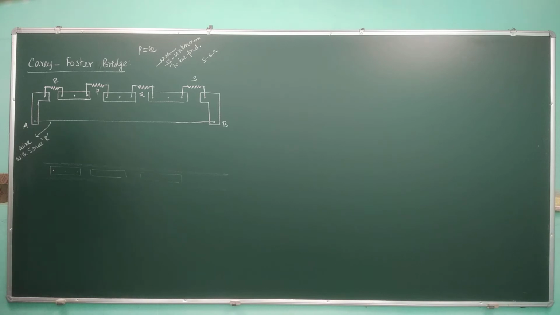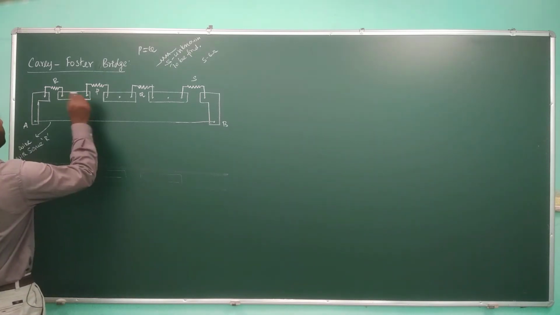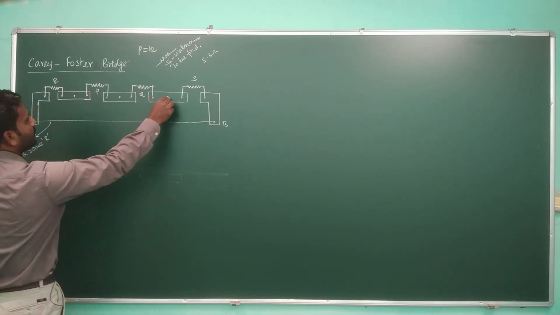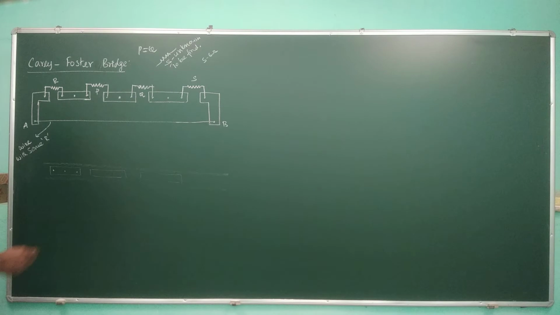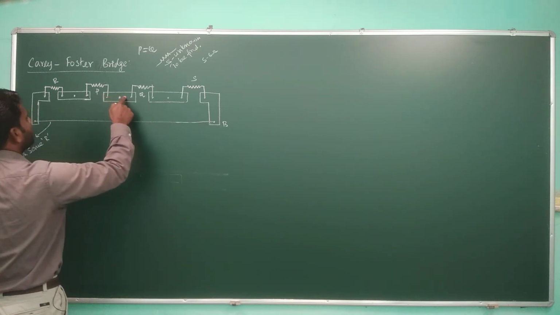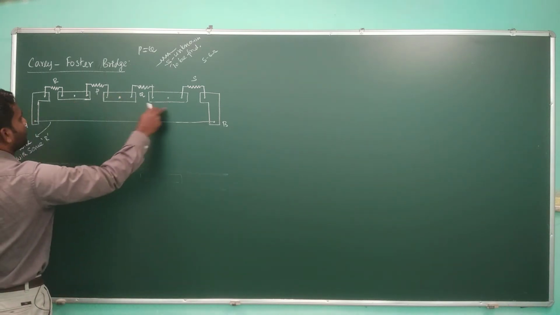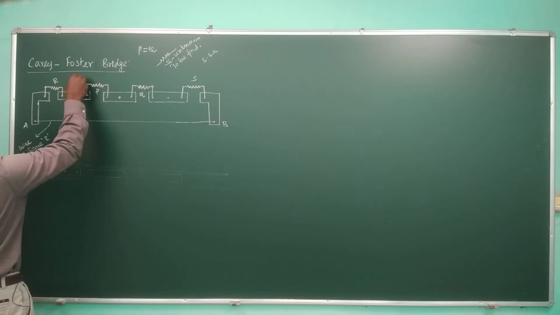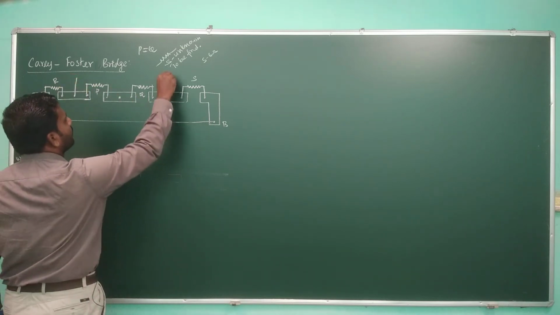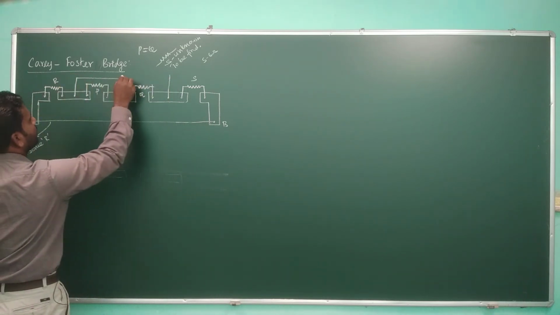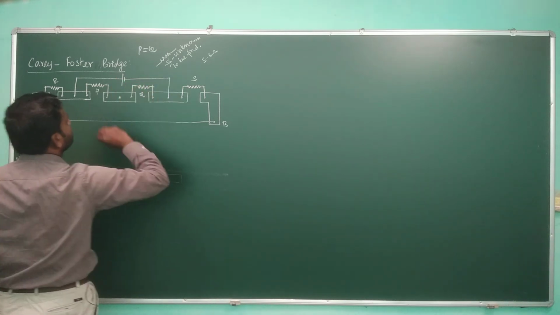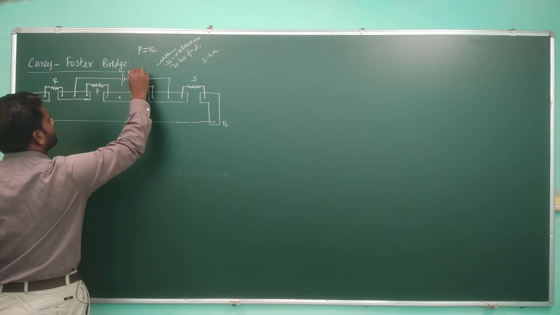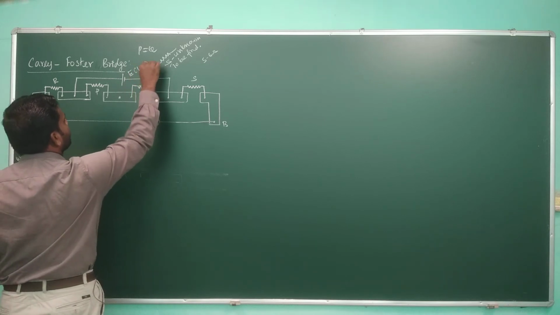Now, there is a point here, and there is another point here. This point is alone, available separately. Now take this pair and this pair, and connect a battery. It is E, that is nothing but a Leclanche cell.